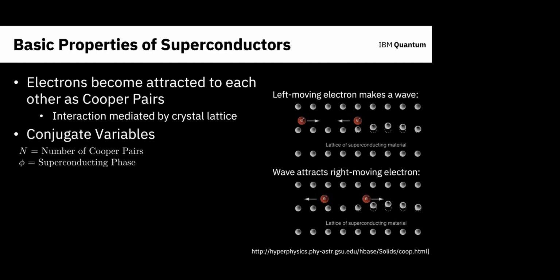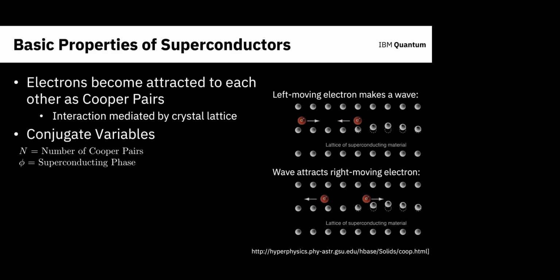Other interesting things about superconductors are they exist similar to wave functions. They're macroscopic quantum states in that they have conjugate variables, such as the number of Cooper pairs that form inside of the metal, and the superconducting phase. A superconductor on its own is all a single phase, and you can even write it like a wave function.